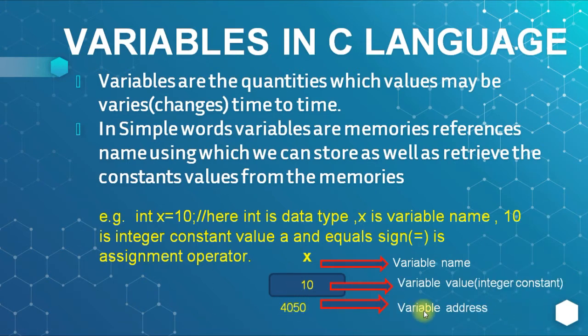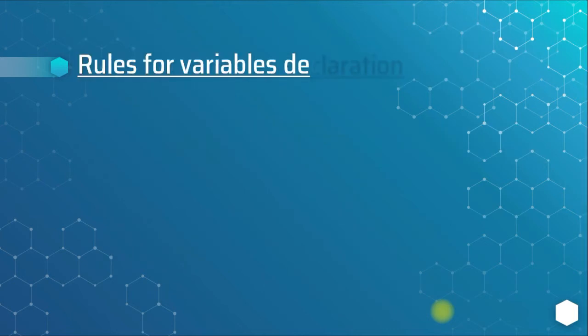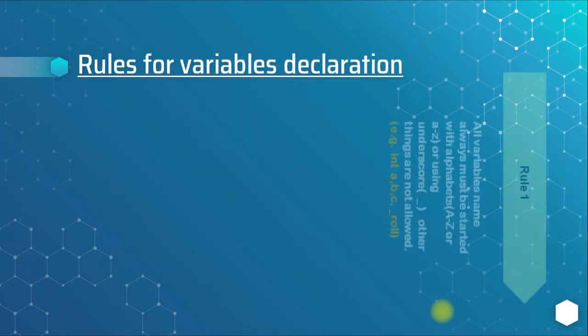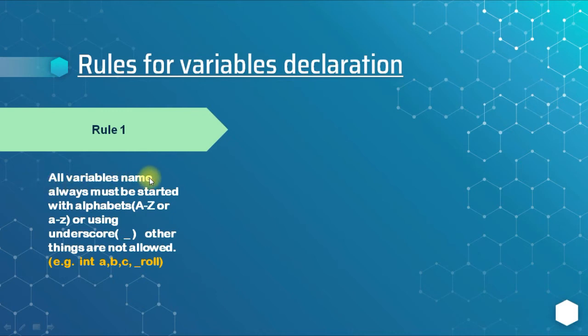4050 is the variable address. There are certain rules which are required to be followed while declaring any variable. What are those rules? Let's see. Rules for variable declaration. First one: all variable names must always start with an alphabet. Alphabets may be capital A to Z or small a to z, or a variable may start with an underscore also.